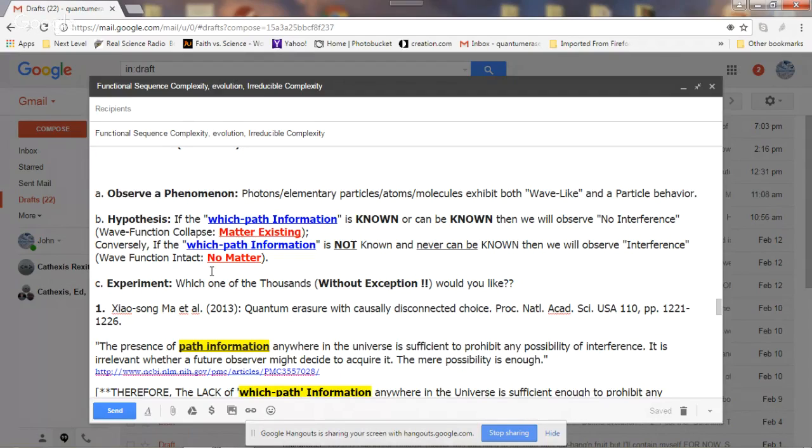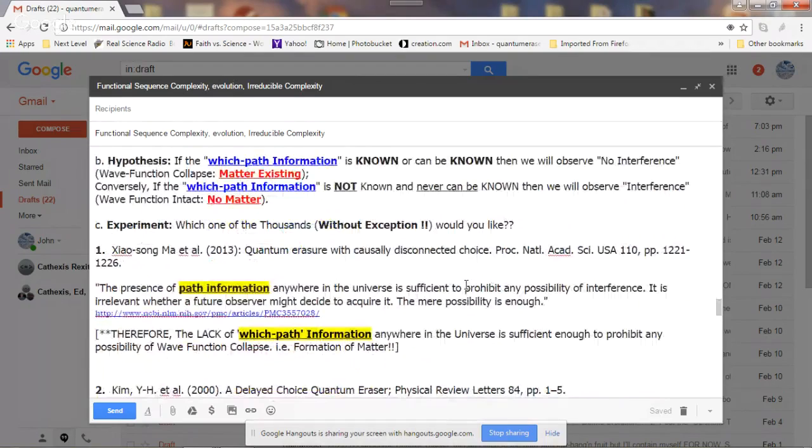Conversely, if the which path information is not known and never can be known, then we will observe interference. That's the wave function intact, or no matter. Experiment. Which one of the thousands without exceptions would you like? If you're unsure of this, just go back to my quantum mechanics presentation. I went through the second experiment in my list here.